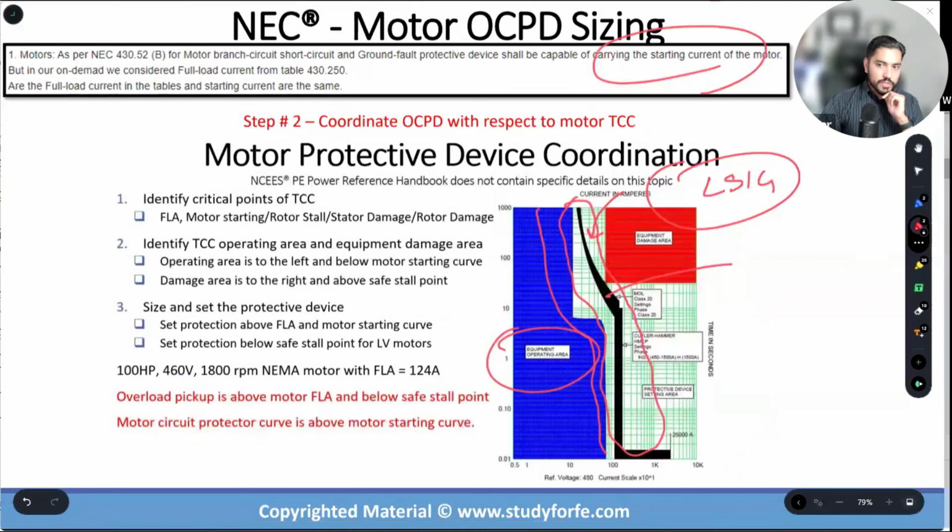Now let's look at our OCPD. Once it kicks in, guys, over here, this is where it kicks in, right? So if this is my FLA, FLC, okay, let's call it FLC, and this is where my OCPD kicks in, does it ever go to the left? You can make it dance to the right, however you want to, if you're using the LSIG. But that is that trigger.